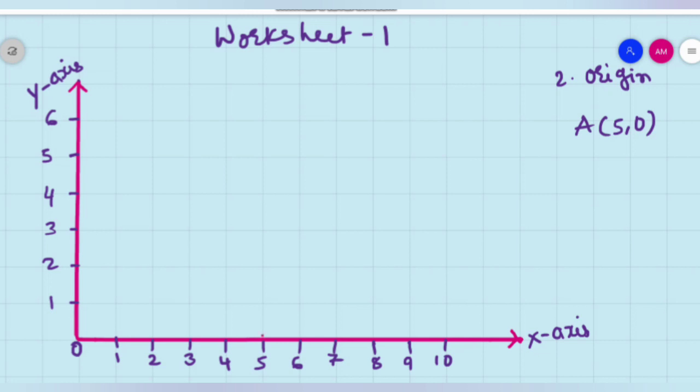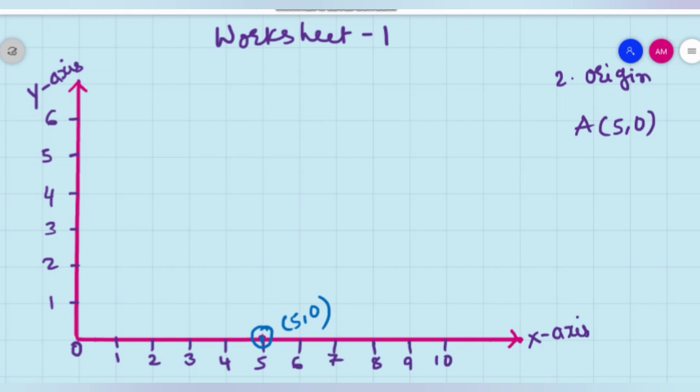This particular point is your point A, which is 5, 0. That means if y is equal to 0, then the point lies on the x-axis. Children, please pay attention. If y is equal to 0, then the point lies on the x-axis.